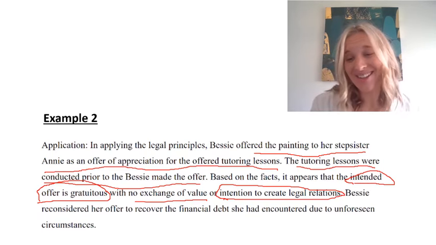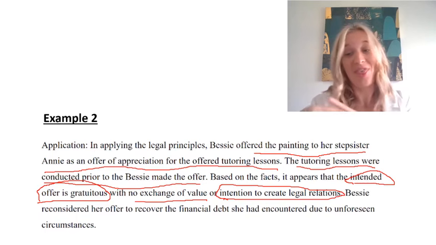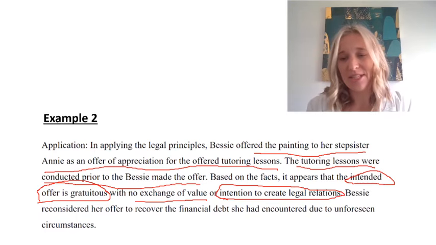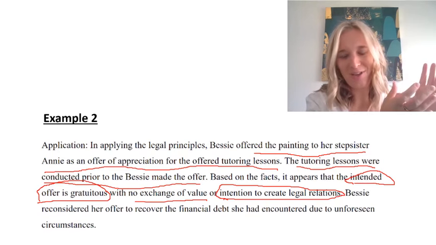And then what they haven't done is applied the relevant principles for that area of law, which was around the domestic presumption. So they're in the right ballpark for the consideration issue.